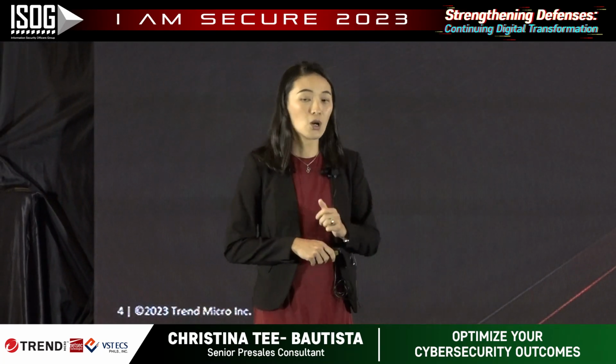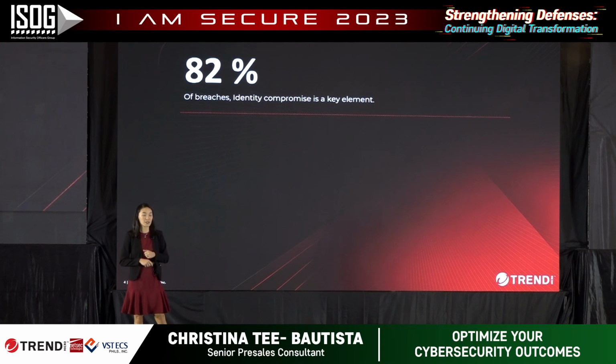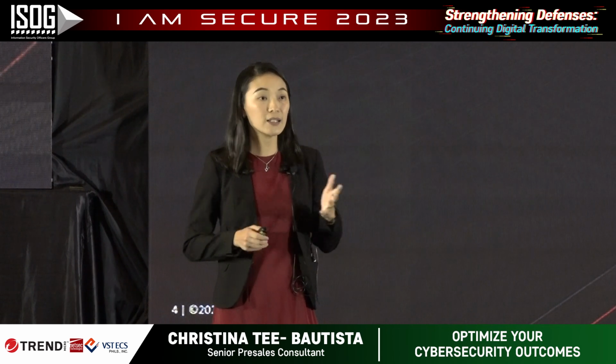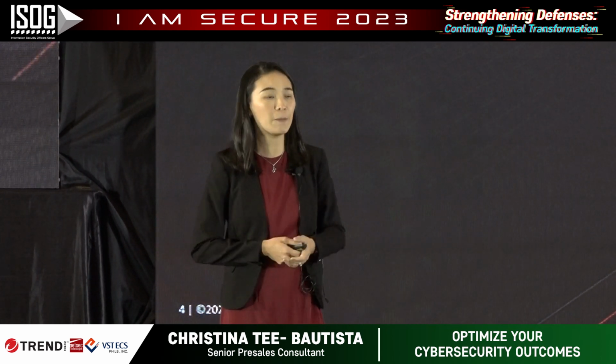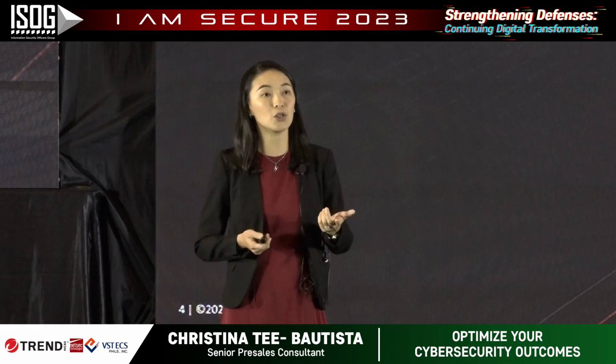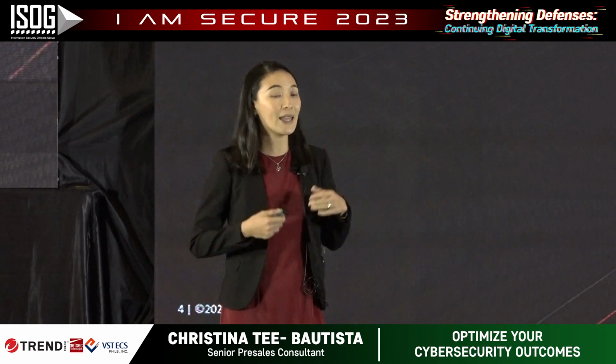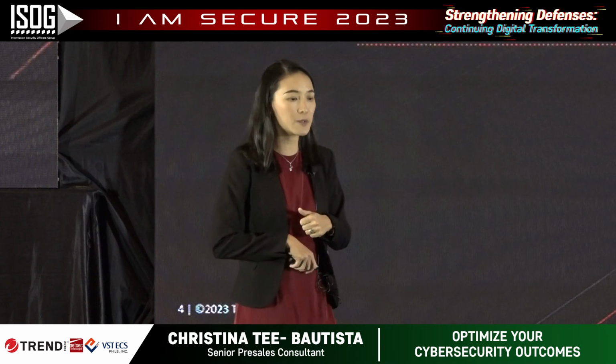And based on statistics, 82% of breaches actually start with an identity compromise. I think that is also the reason why identity detection and response has become one of the key technologies that is included when we talk about XDR, extended detection and response.